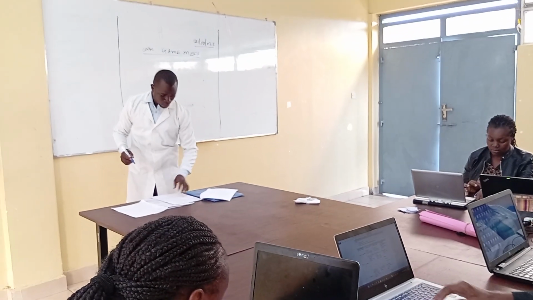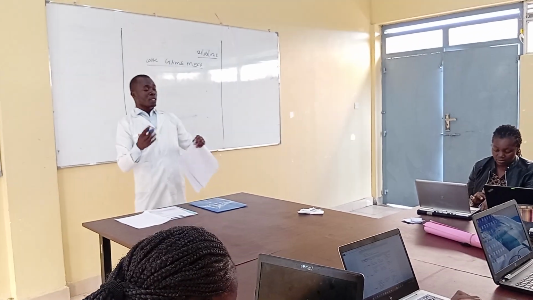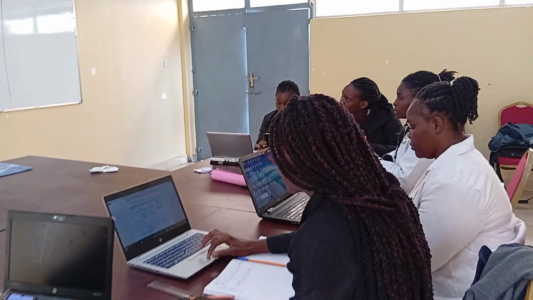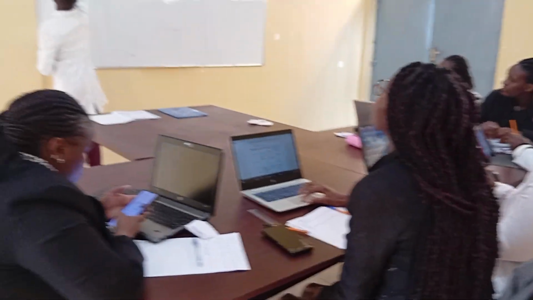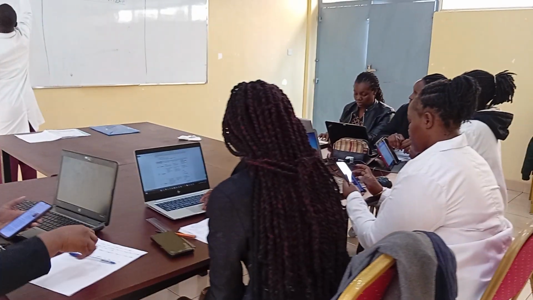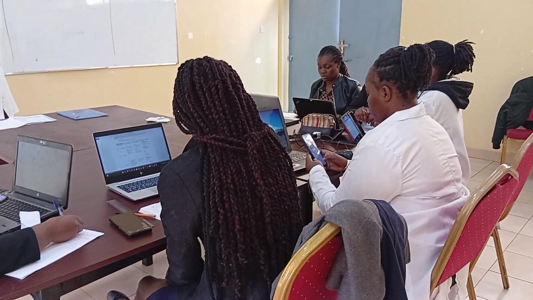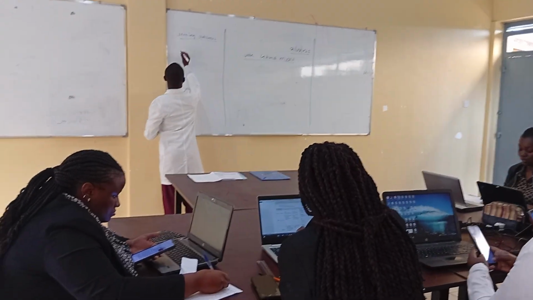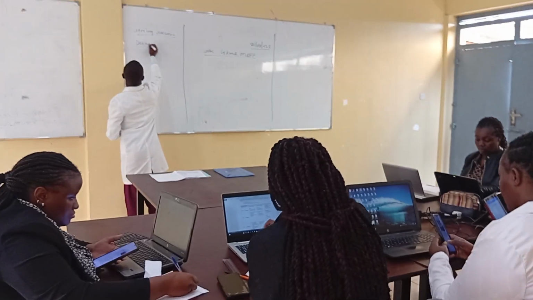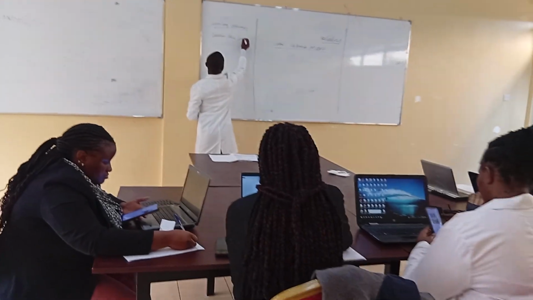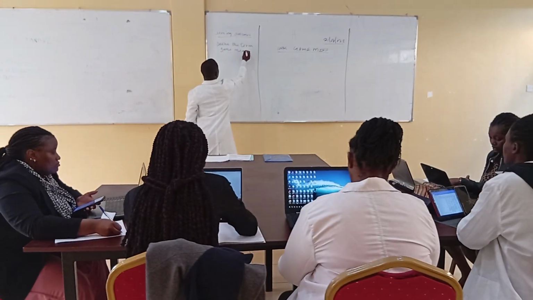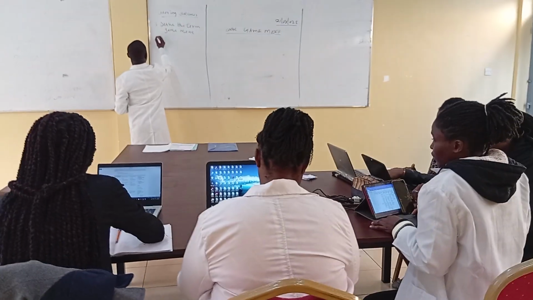There are some learning outcomes that we are also going to talk about, things that we expect you to know at the end of the session. One, to define the term game meat.